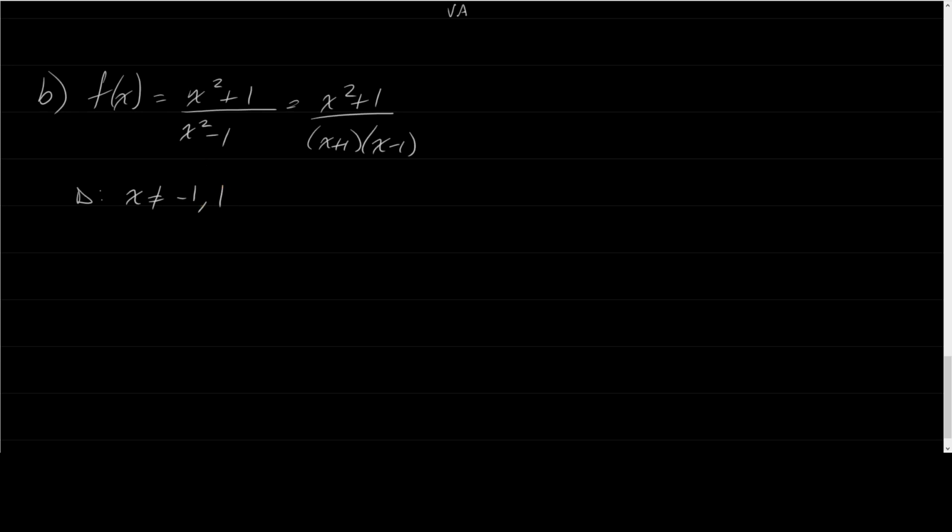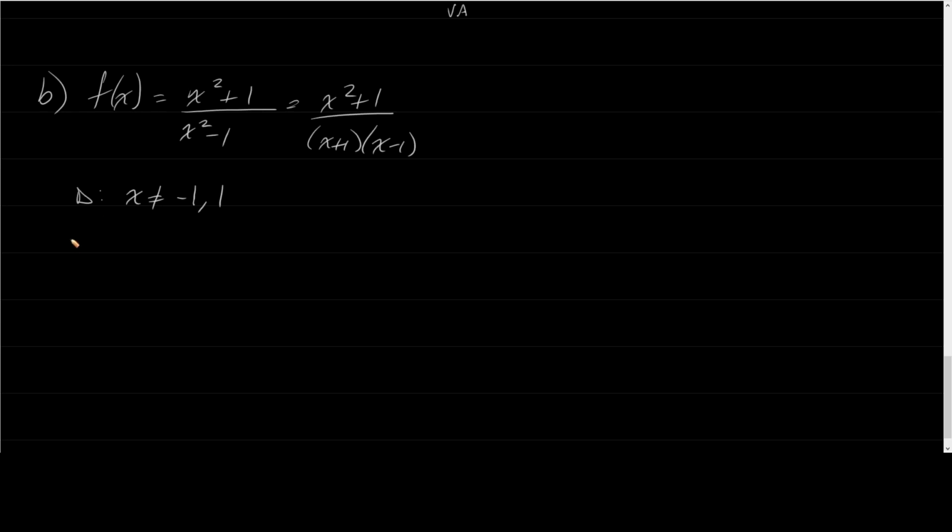All right, way better. Now, let's see what happens when we plug these into the top. When I plug in -1 to the top, I end up with 2. When I plug in 1 on the top, I also end up with 2, right? So those values of 1 and -1 do make the denominator 0, but not the numerator.